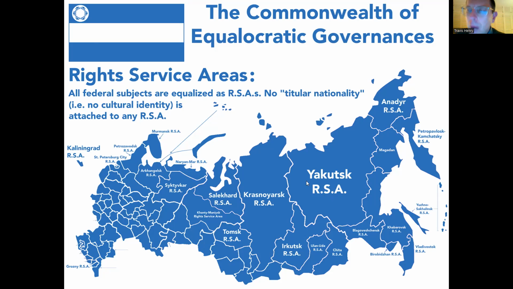All this symbolic stuff about titular nationalities, or is it an oblast, a krai, a territory, an autonomous okrug, an autonomous district, an autonomous republic, all of this is totally equalized. The rights government is about equalization, even symbolically, and all of these just become RSAs. They're all rights service areas equally. We even suggest just using the name of the seat, the rights seat, as the name of that area, so that you don't start bringing in titular nationalities. Like the Yakutsk RSA, you see it right here, is named after the city of Yakutsk.